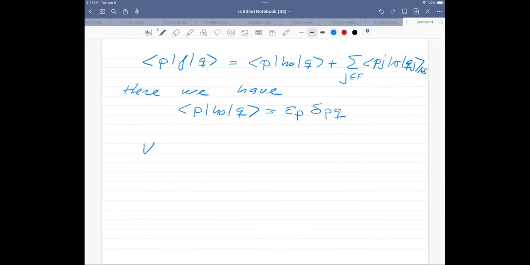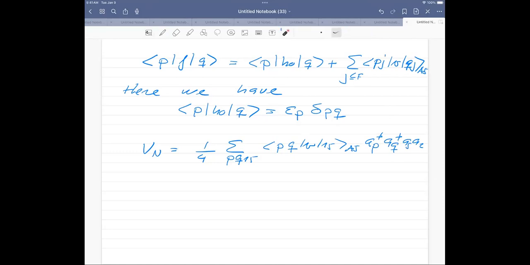So we have an additional term, which is v of n, which is 1 divided by 4, and then we have the sum over pqrs, and then we have the anti-symmetrized matrix element pq v rs, and then we have the operators. We won't make an error if we include the full F, because that operator contains this piece, and essentially all contractions which we will look at will lead to this being 0, because we have by construction made this assumption.